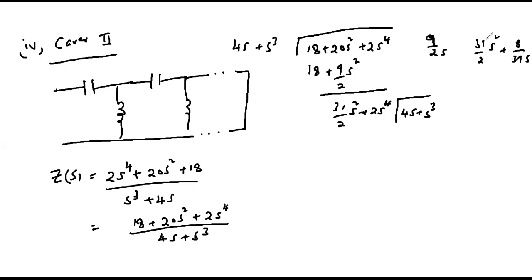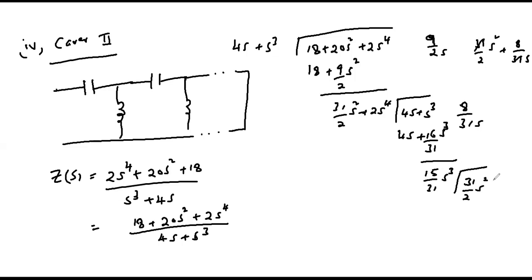So that one and that one would cancel out, then this would give us 4, this would cancel out 4. We need to multiply this by 8 over 31s, and this will give us 4s plus 16/31 s^3. The difference will be 15/31 s^3, which we divide into 31/2 s^2 plus 2s^4.